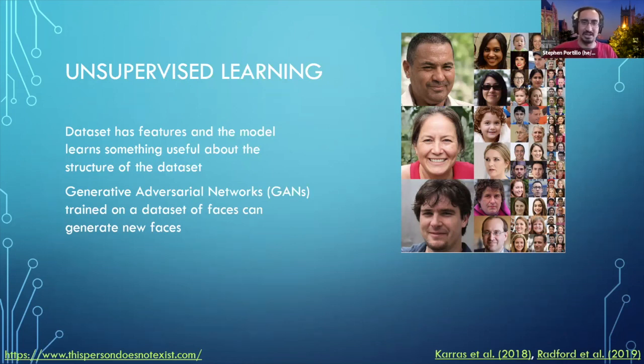And so there's this website called thispersondoesnotexist.com that shows you faces that this GAN has made up that don't correspond to any of the images it's been given. And so it's learning something about what patterns of pixels correspond to human faces. And it seems to do a pretty good job.